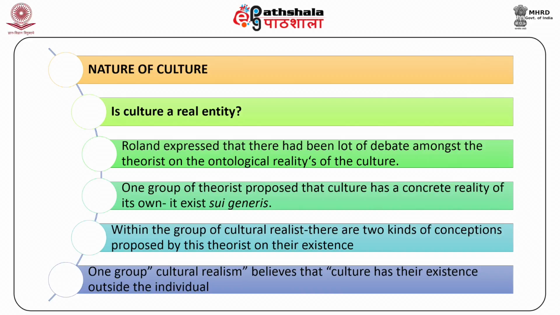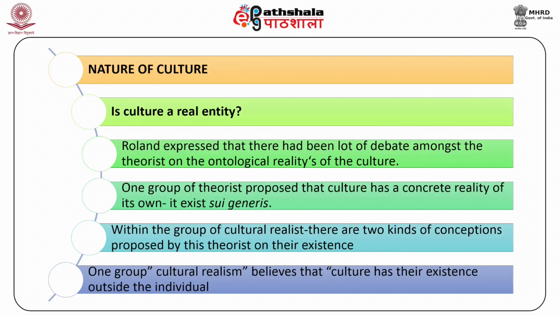It exists sui generis. Within the group of cultural realists, there are two kinds of conceptions proposed by these theorists on its existence. One group, cultural realism, believes that culture has its existence outside the individual.